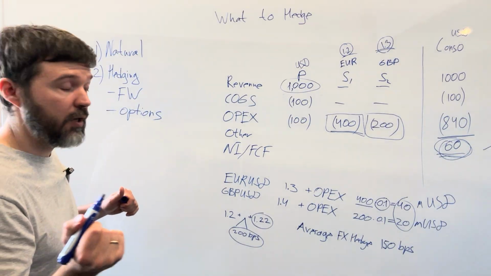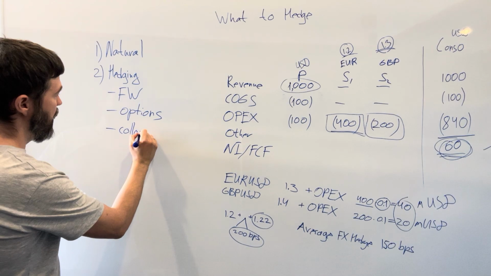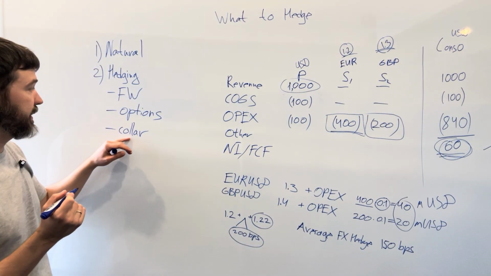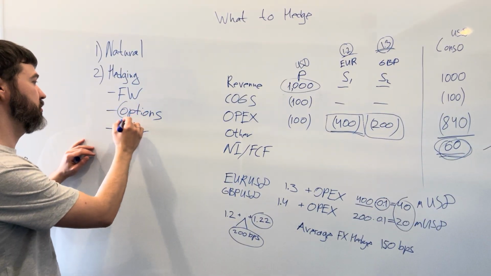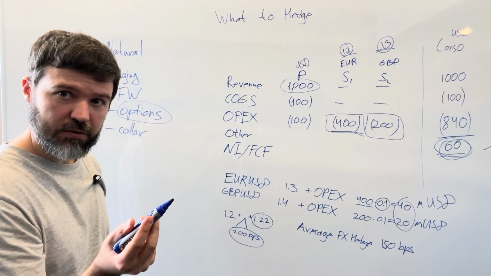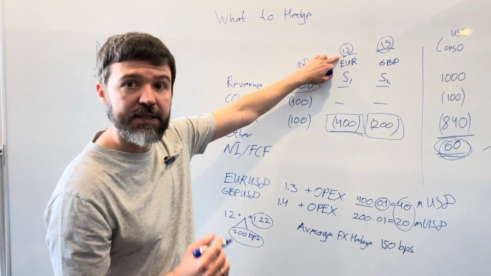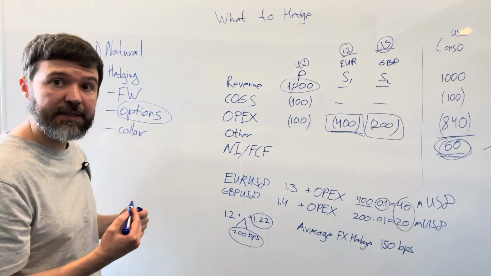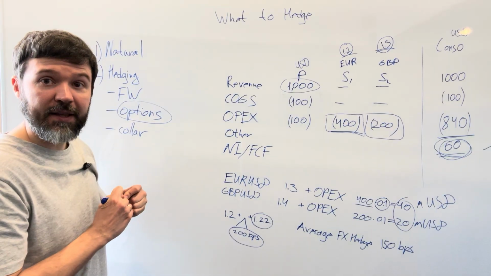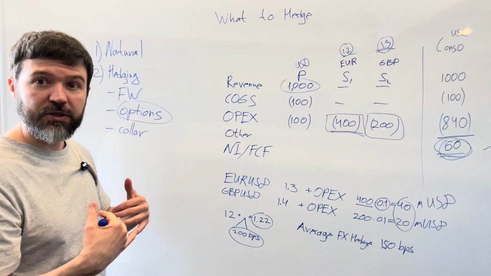And another popular instrument is a collar. A collar is a combination of two options. You're buying a call option to have your rate fixed at some level, and you're simultaneously selling a put option. And when you're selling something, you are receiving something in exchange for it.